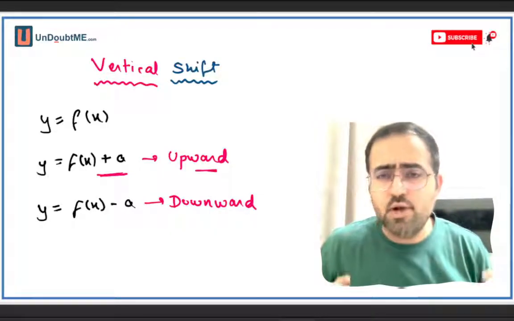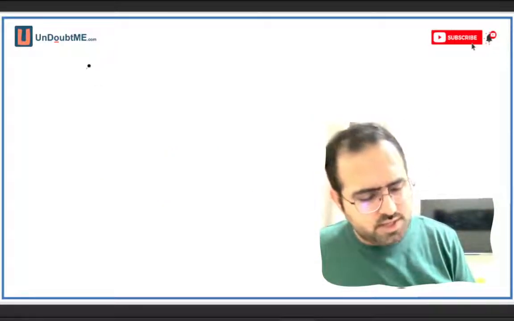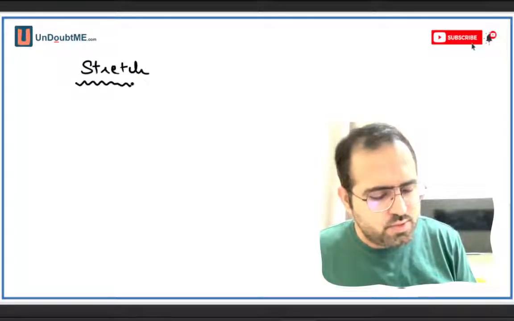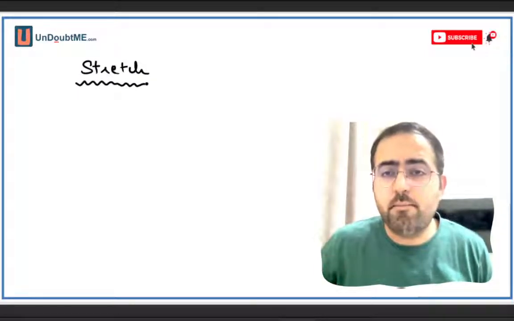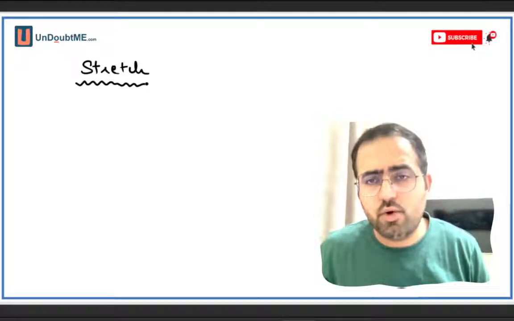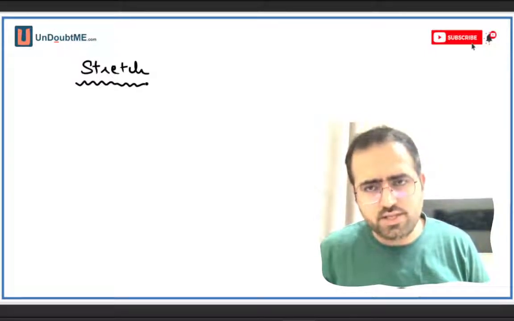Now it is time for stretch. When we say stretch, it can be either compression or expansion. Right now I am talking about the vertical stretch. What is the meaning of vertical stretch?